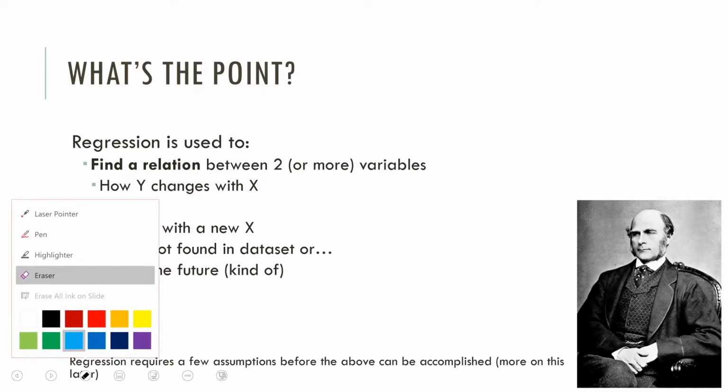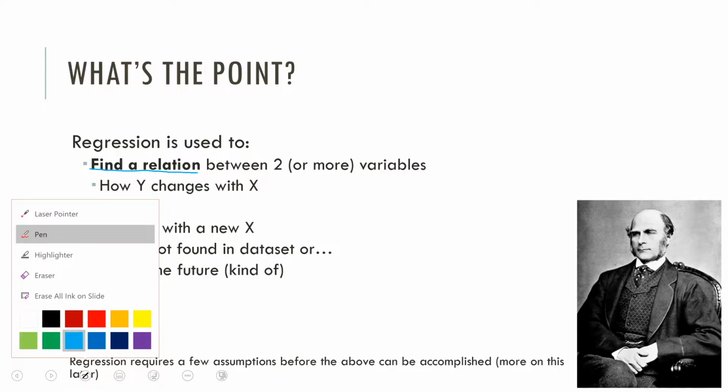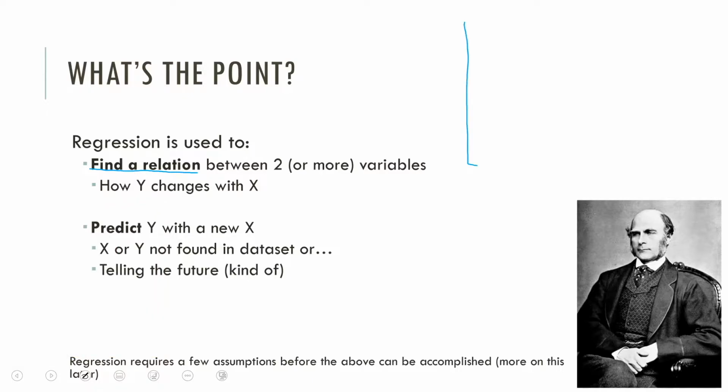Well, we use regression for two things. The first thing is finding a relation between two variables, usually x and y, whatever it may be. It could be height and weight, I use that example a lot. It could be income and overall happiness, some kind of scale. But what we do is we plot them and look at the slope, and that slope tells us how x is affecting y, or how y is affected by x.